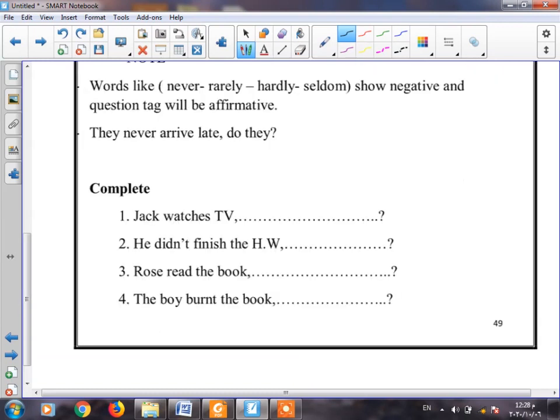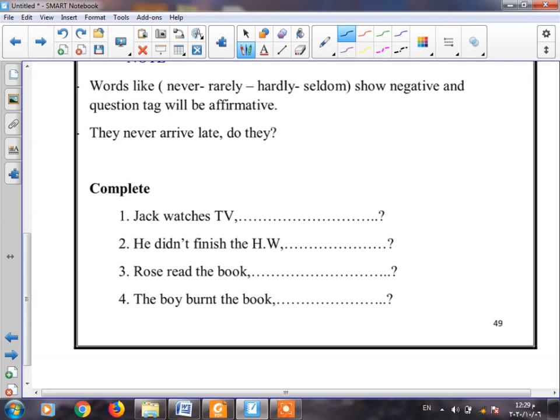Okay, middle two, let's practice together. It's a very important step that you write now and answer with me these questions. Here we are going to complete our sentences with a correct question tag. Let's read the first sentence with E, which is Jack watches TV. Again, before you start writing or answering my question, you have to put in your mind two things. Number one, what's my tense?